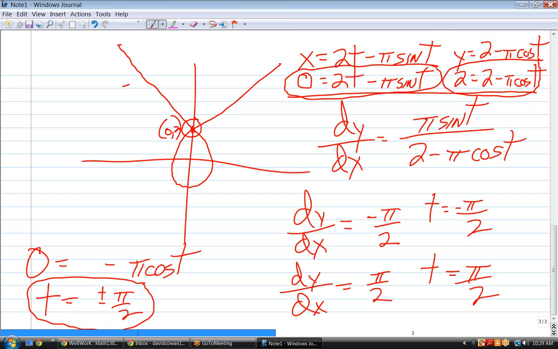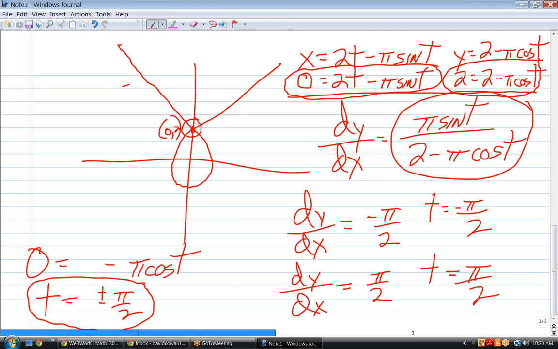That means that, okay, our dy dx was this. We're saying that that dy dx is equal to minus pi over 2 when t is minus pi over 2, and it's equal to pi over 2 when t is pi over 2.